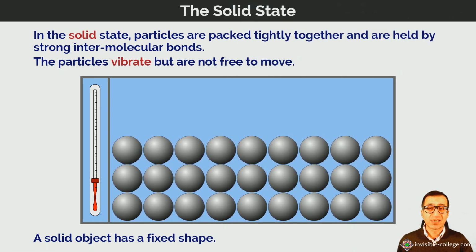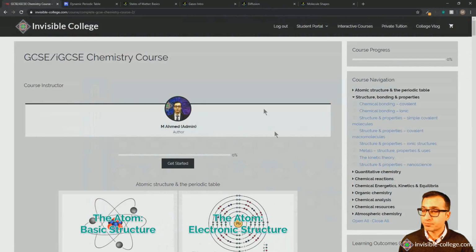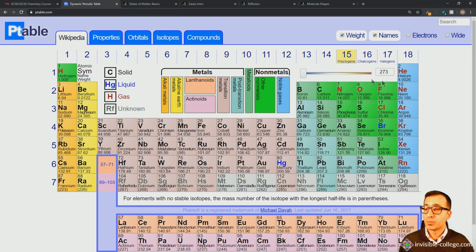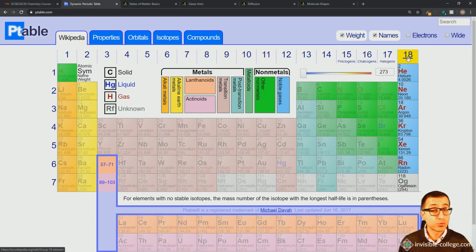So let's move on to the liquid state now. You'll notice that so far I'm using the idea of particles as though these particles are featureless spheres of material. Obviously, this is not the case for all substances, in fact, for any substance. Even noble gases. If we look at noble gases in group 0, all of these are monatomic elements.